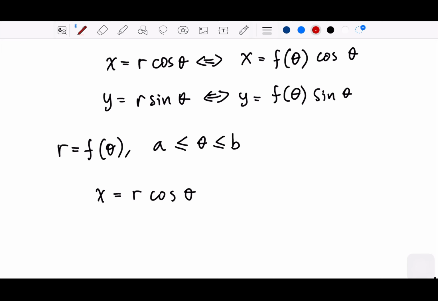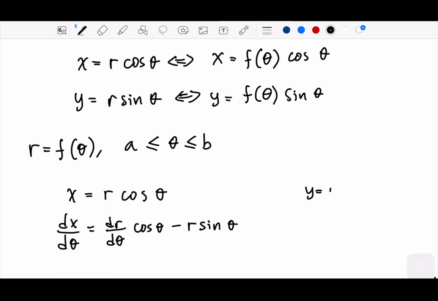So when we find dx over d theta, we are going to take the product rule. So this will be dr d theta cosine theta, plus r, and the cosine becomes negative sine, so negative r sine theta.